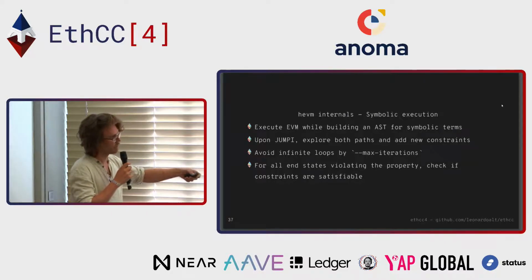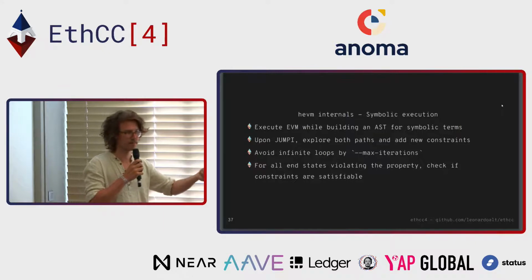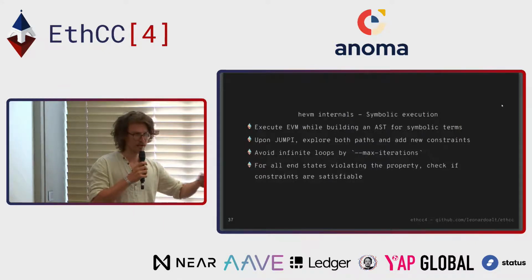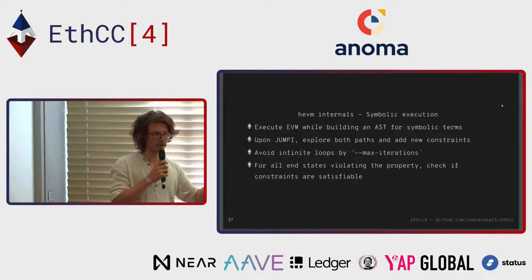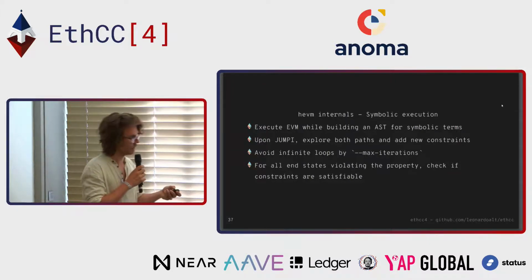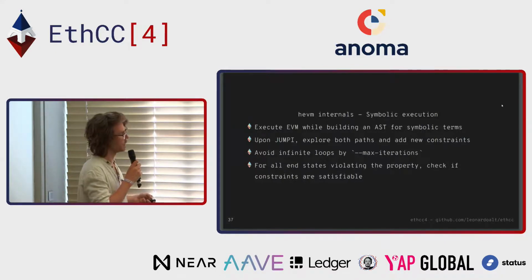And so then once we reach max iterations, we want to make sure, okay, was this path actually reachable? And then we do a consultation with the SMT solver, and often this can be the bottleneck for the entire execution. So sometimes we run into a timeout here, and then the whole thing will not be as easy to verify.